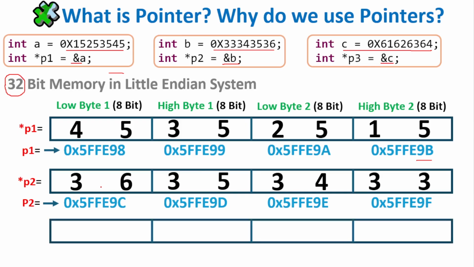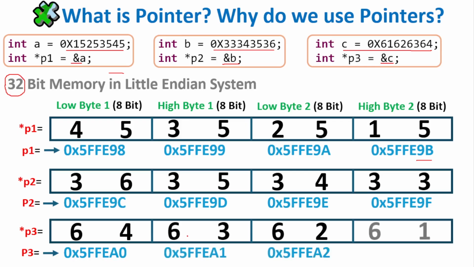And the third box belongs to p3, starting at address 5FFEA0 and ending at 5FFEA3, containing 61, 62, 63, 64.